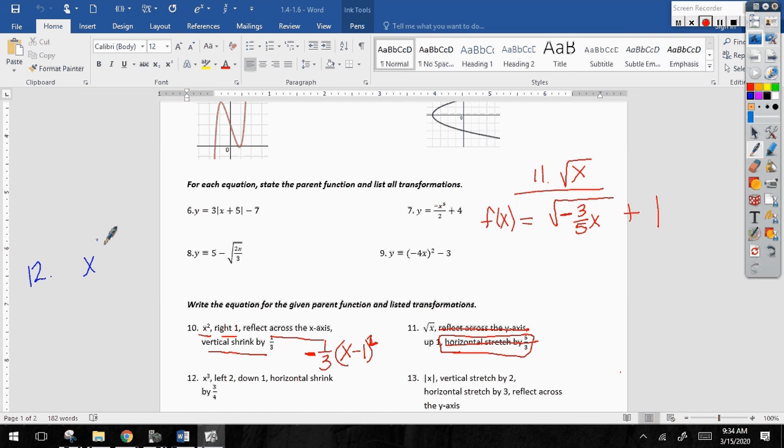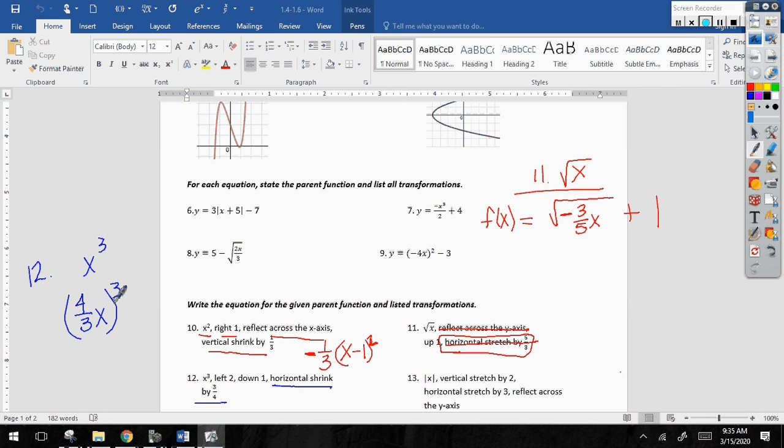All right, number 12, and I'll come over here on this side to do number 12. I start out with x cubed. A lot of times it's easier to look at your horizontal stuff first. So I've got a horizontal shrink of 3/4. Okay. So again, I'm going to need to flip that over, right? So instead of 3/4, I'm going to go 4/3 x to the thirds.